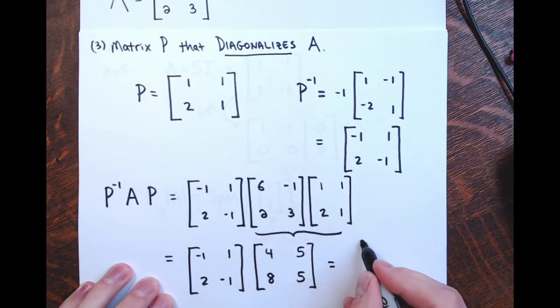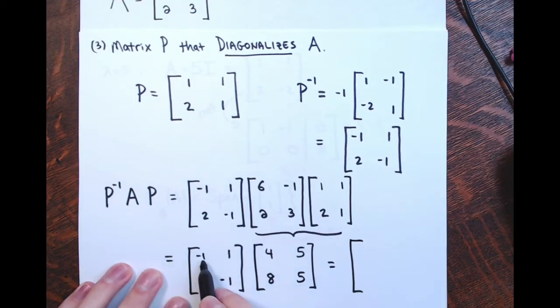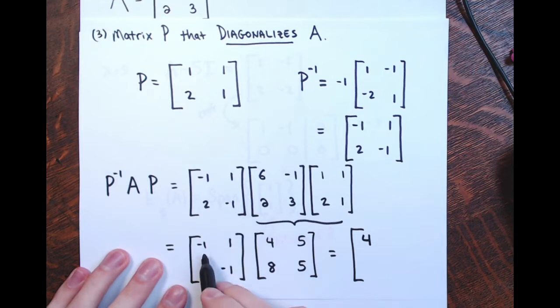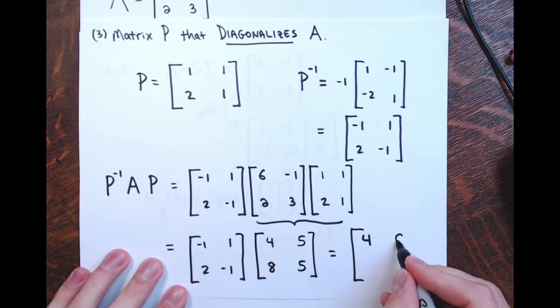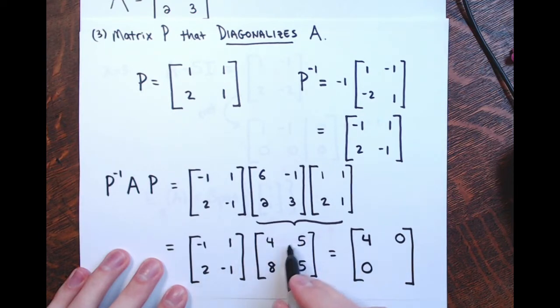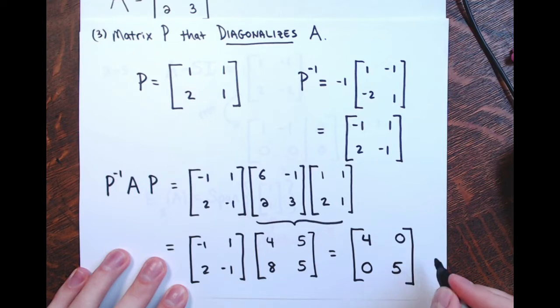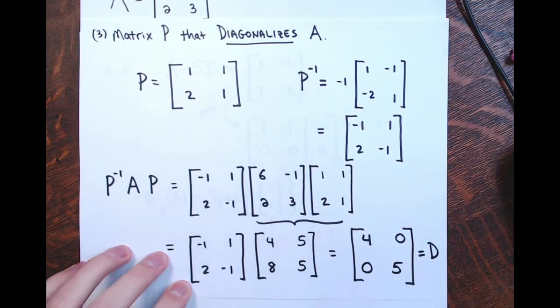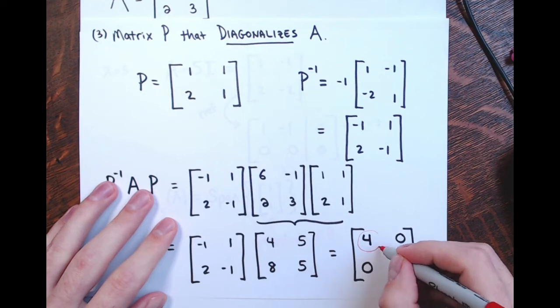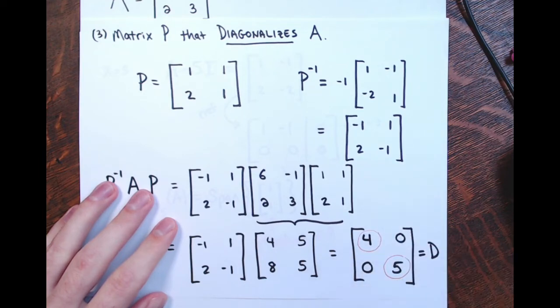All right, and then multiply these two. Negative 4 plus 8. Negative 5 plus 5. 8 minus 8. 10 minus 5. And look at this. Diagonal. And also, look at the entries down the main diagonal.